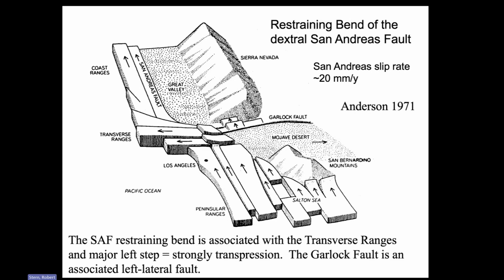And of course, as we will see, it's more complicated. It always is more complicated than the way we portray it. But we want to add complications on top of a basic understanding. So here's the Salton Sea, which is kind of a rhombochasm. Okay, and so that's kind of a cartoon representation of that.